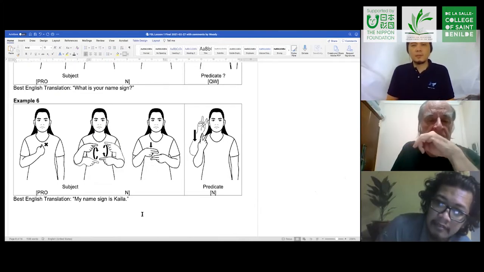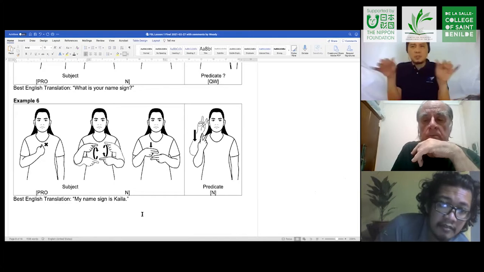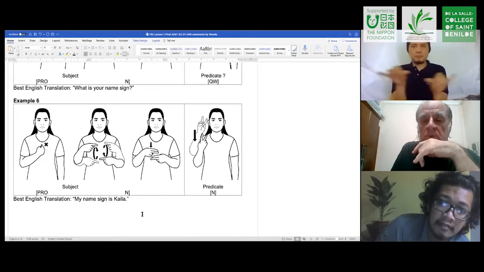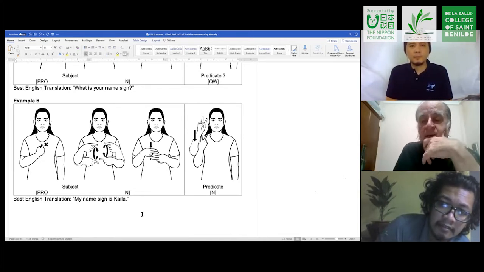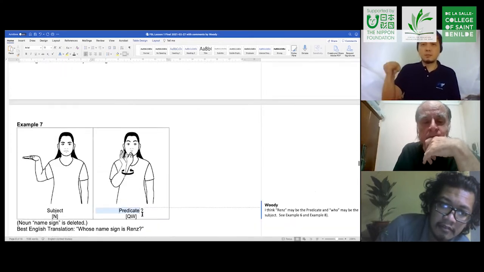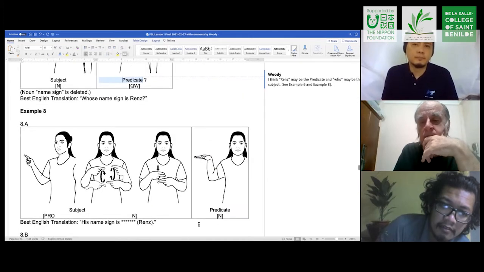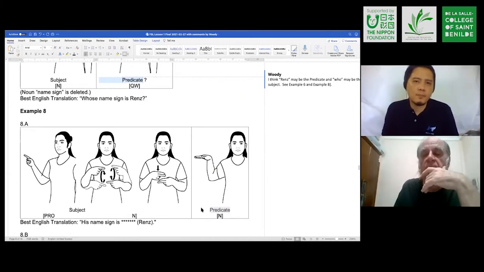Yeah, it's almost the same, because Kyla would be the predicate. So here rents would be the predicate. Okay.